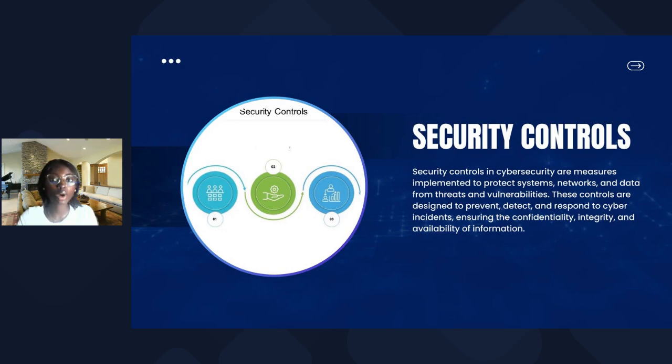There are different reasons why these controls are designed, and one of the major reasons is to ensure the confidentiality, integrity, and availability of their information. As we know, confidentiality, integrity, and availability is one of the core pillars of cybersecurity, and it guides organizations on what they should have in place. So, security measures are there to ensure the organization has these things in place, right?